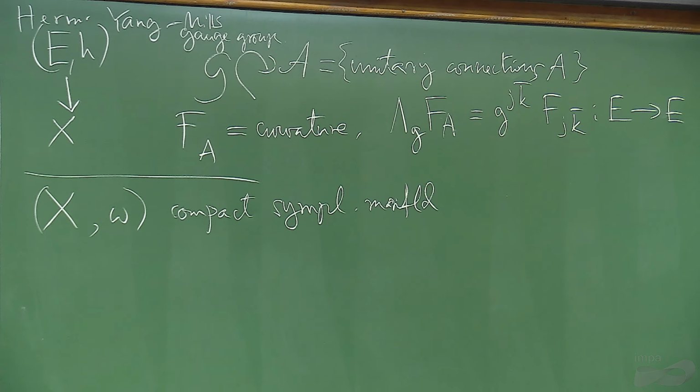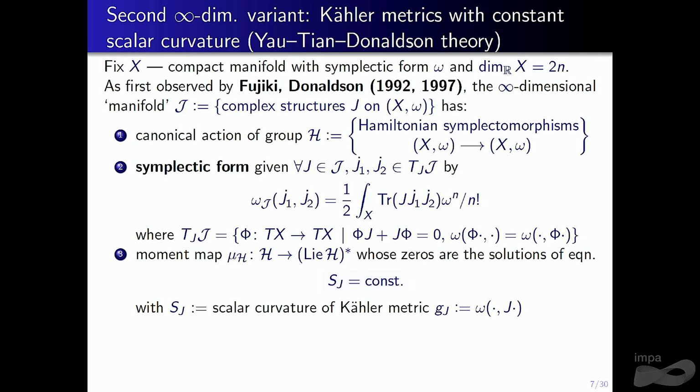And Fujiki first, and Donaldson in somewhat greater generality, observed that the space of complex structures compatible with omega, defining the Kähler structure, as a manifold, even if it's infinite dimensional, has, of course, a canonical action of the group of Hamiltonian symplectomorphisms.